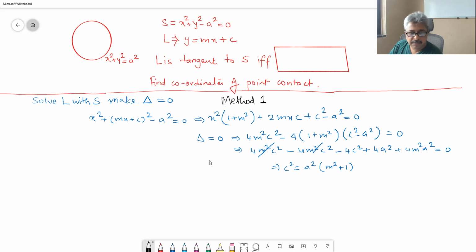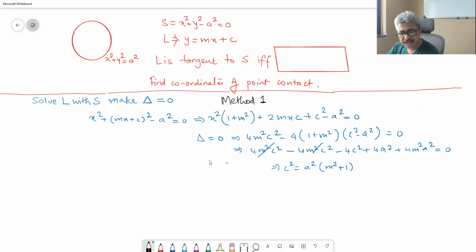So if this is method number 1, then we will get the x coordinate of the point of contact by writing minus b plus minus whatever, and we will get the point.